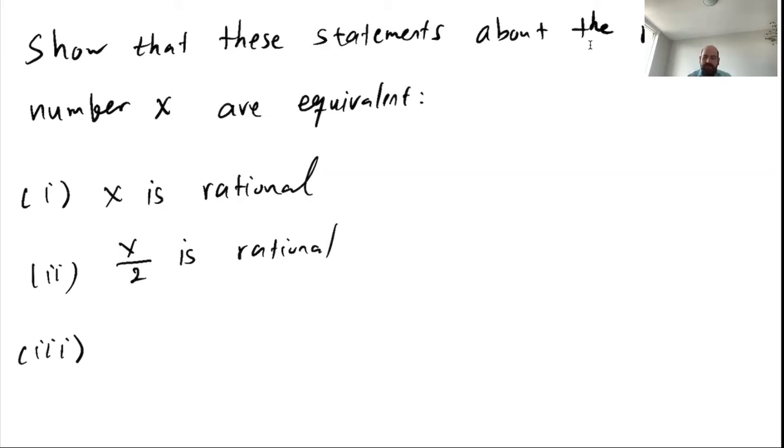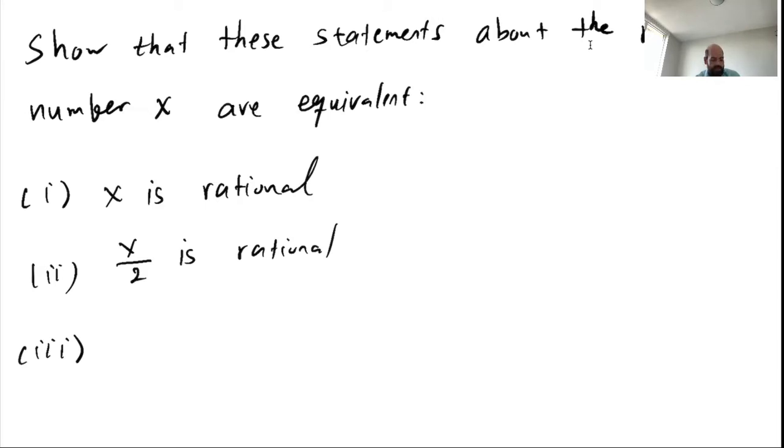So just by dividing both sides by 2, we can observe that x over 2 is also of the form a over b, let's say a prime over b prime now, where the numerator a prime is the same as a, the denominator b prime is 2b, and numerator and denominator are both integers.